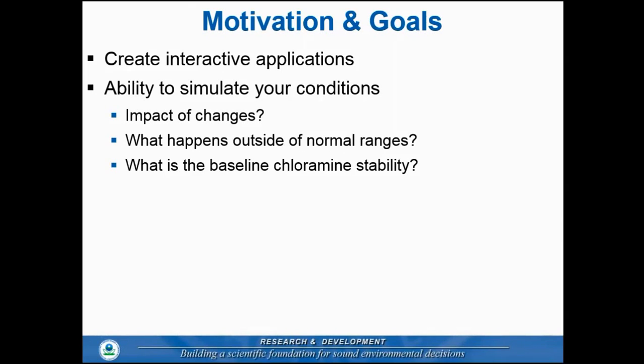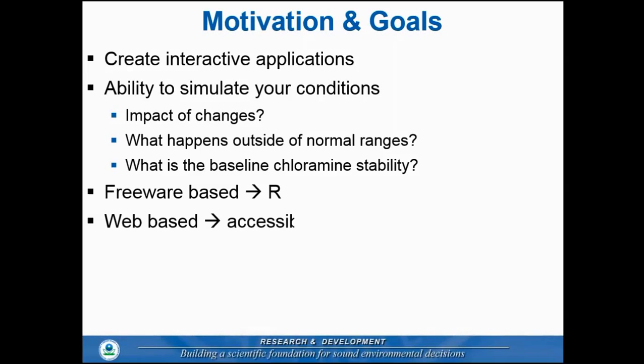And it also gives you an idea to ask questions about what happens when you're outside of normal ranges that we typically operate in. And also, ultimately, what these models allow you to do is to get an idea of your baseline chloramine stability in a system. So formation and decay represents kind of the best case scenario. So what is the maximum stability I can get for my chloramines? And that's what these models allow you to do.